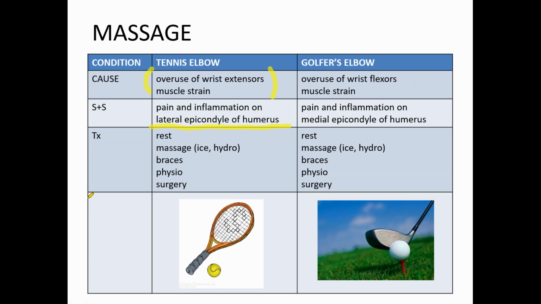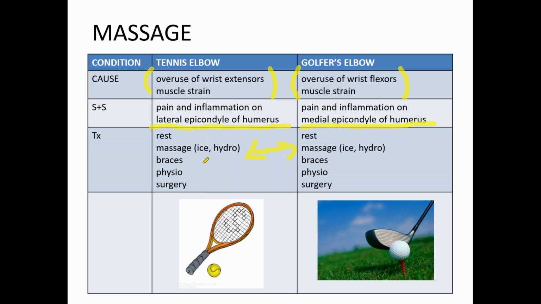Golfer's elbow is now doing a forward golf swing, so that would be overuse of the wrist flexors. So you get, again, pain and inflammation, but this time on the medial epicondyle of the humerus. But look at the treatment. They're the same, just in a different location, right? You would ice massage the inside or the outside of the elbow. They may need surgery. They may need to go to physio.